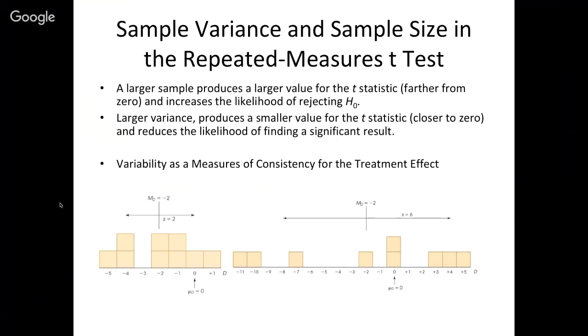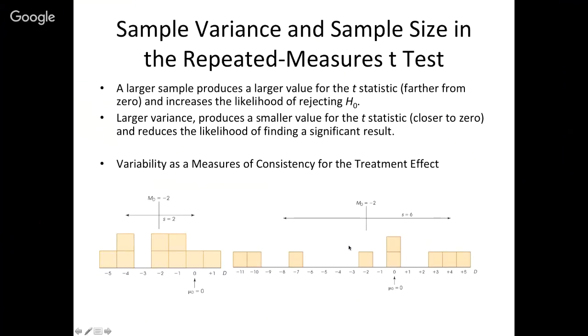So here you can say this is a smaller variance of the D scores. You see most of the D scores are smaller than zero, meaning we consistently have a negative treatment effect.